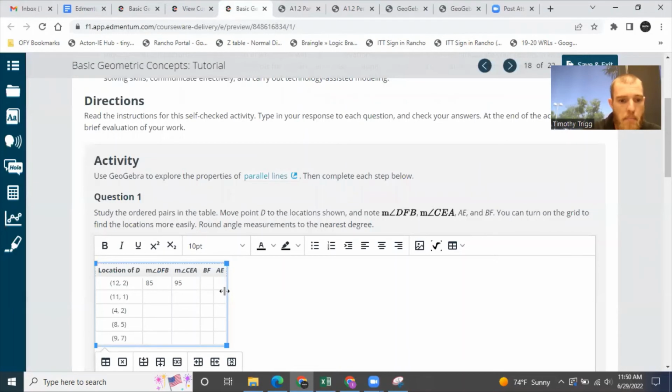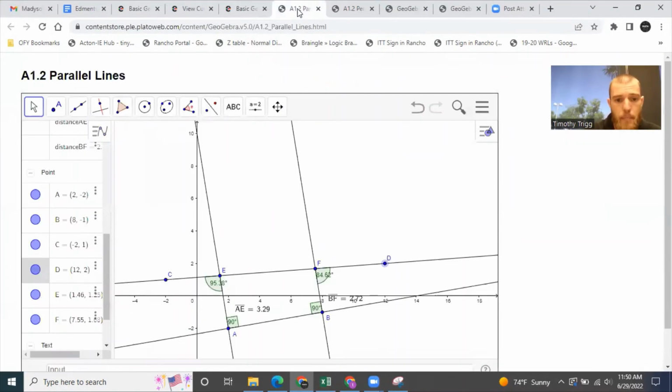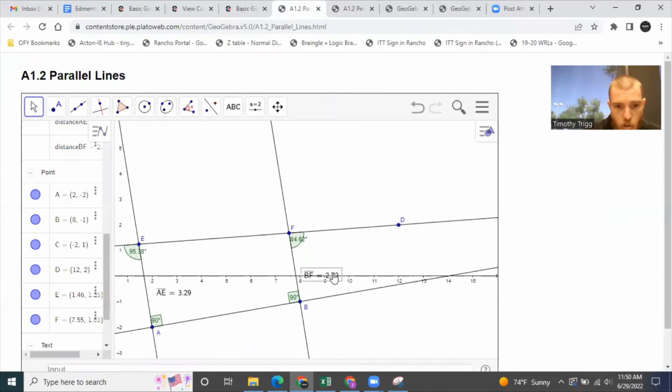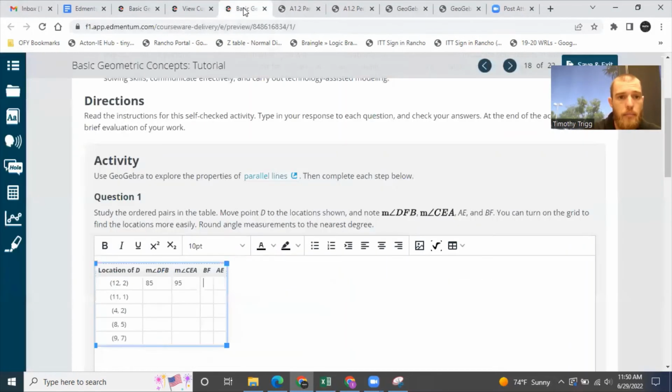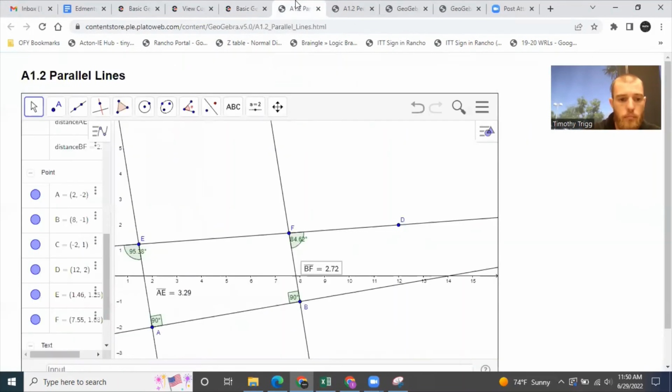The length of BF and AE: BF has a length of 2.72 and then AE is 3.29.